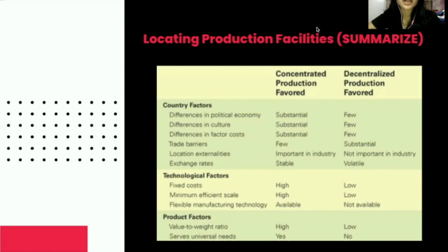And then, important exchange rates are expected to remain relatively stable. And the production technology has high fixed costs and a high minimum efficient scale relative to global demand, or flexible manufacturing technology exists. And last, the product's value to weight ratio is high, and the product serves universal needs.